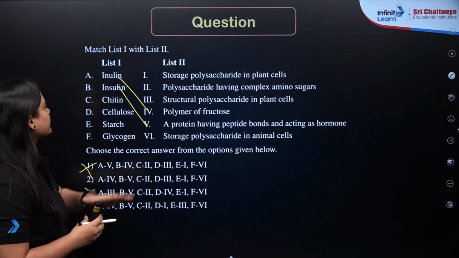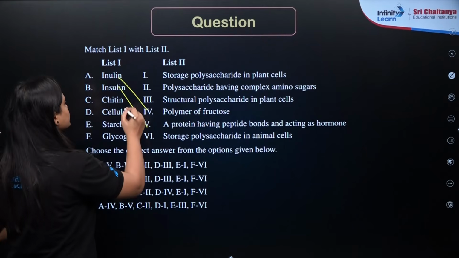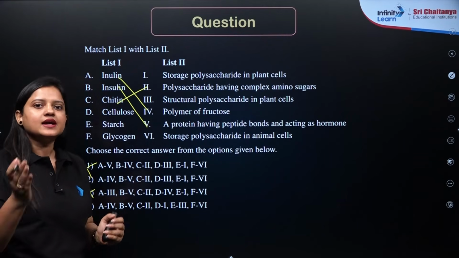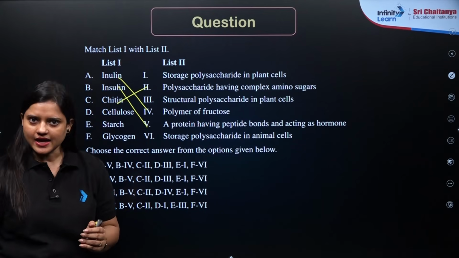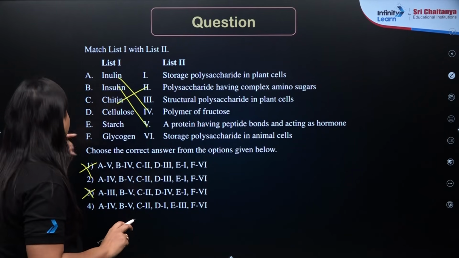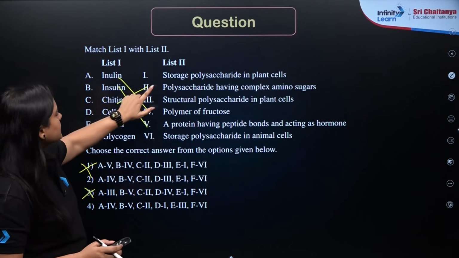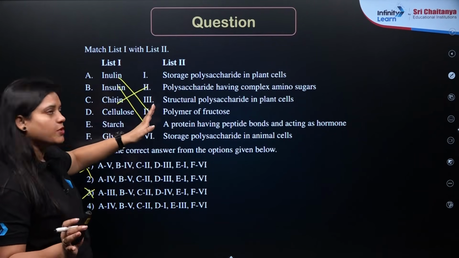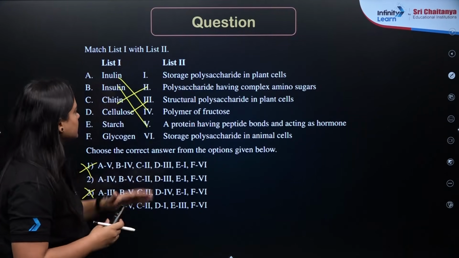Chitin. Chitin is a polysaccharide having complex amino sugars. So if you can recall, chitin is polymer of N-acetyl glucosamine or NAG and it is a homopolymer, right? So C is matched with 2. Now coming to cellulose. Cellulose is not a storage polysaccharide, it is a structural polysaccharide. So we will match D with 3.